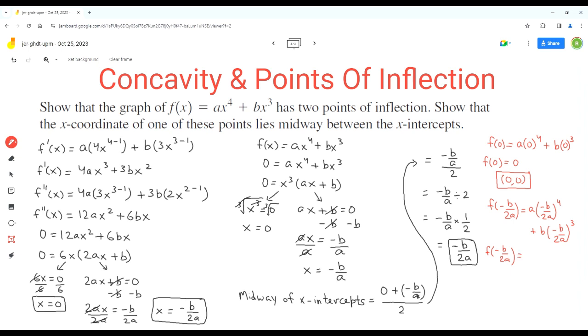Now negative b over 2a to the power 4 will be equal to b to the power 4 over 2 to the power 4, which is equal to 16, and then a to the power 4. Now in the second part, negative b over 2a to the power 3 will be equal to negative b cube over 8a cube.